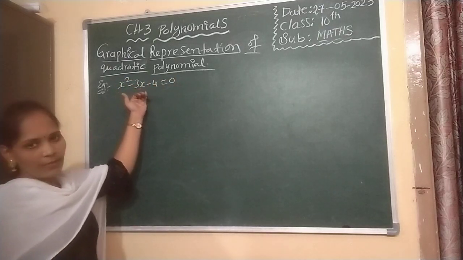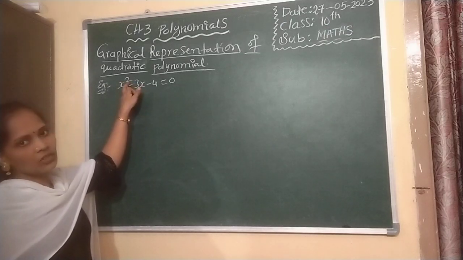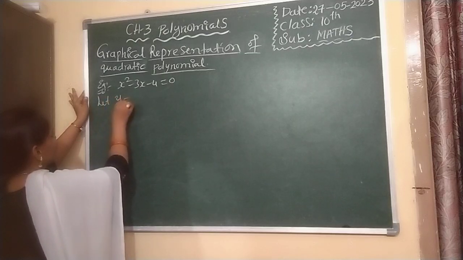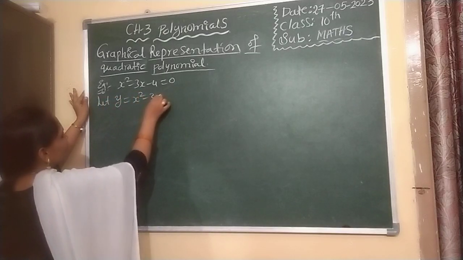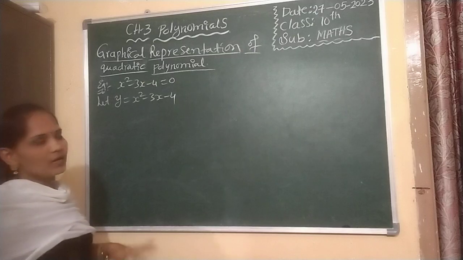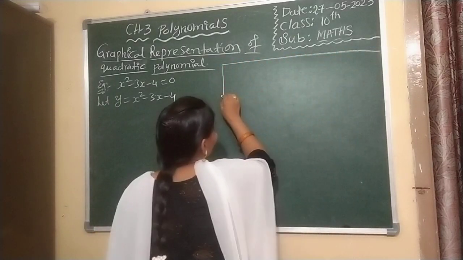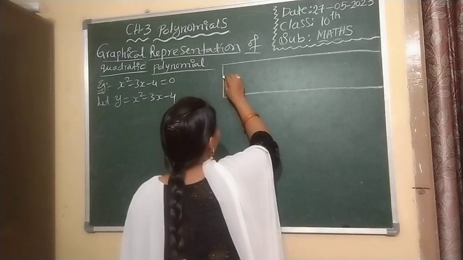This is a quadratic polynomial. Why? Because degree 2 is there. Let y is equal to x square minus 3x minus 4. Now find the values. Just any 5 or 6 values you can take.